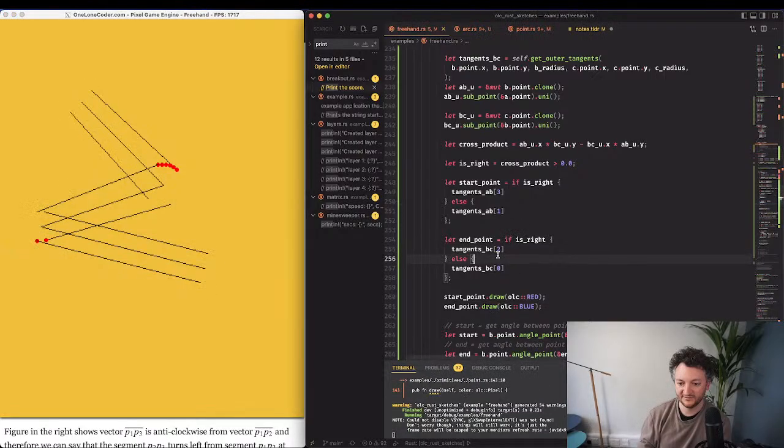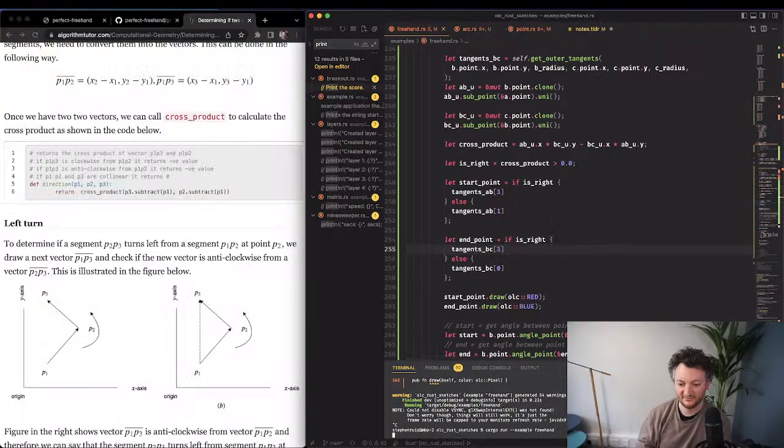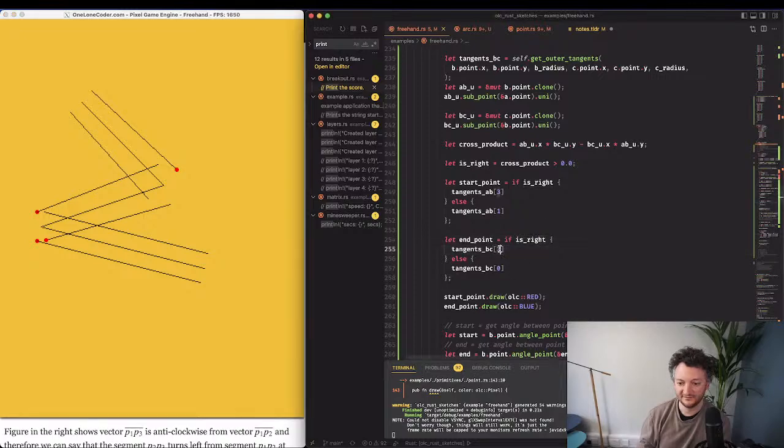Killing me. Come on. What the hell? Can't be 3. Yeah, it's not. I had it right. I wanted to start 3, go to BC2. I think that's the correct one. I wonder why this is not drawing in blue.